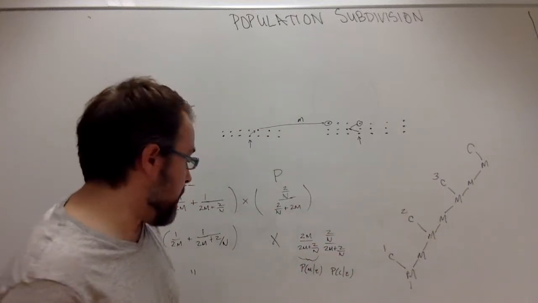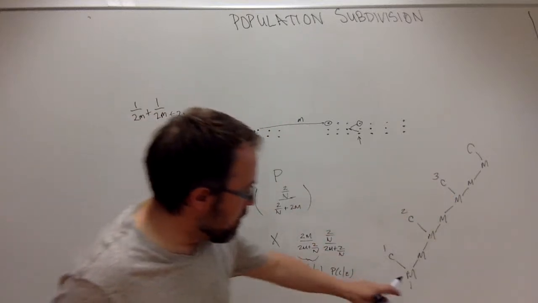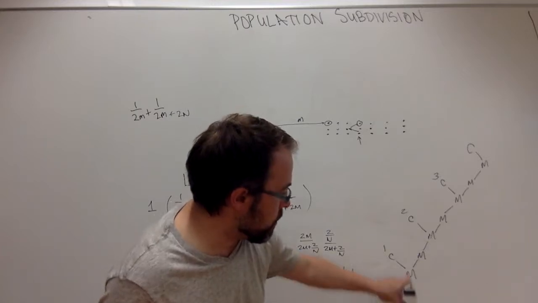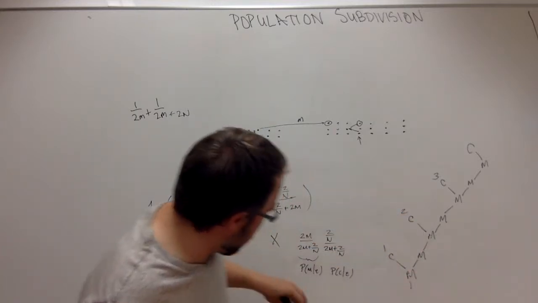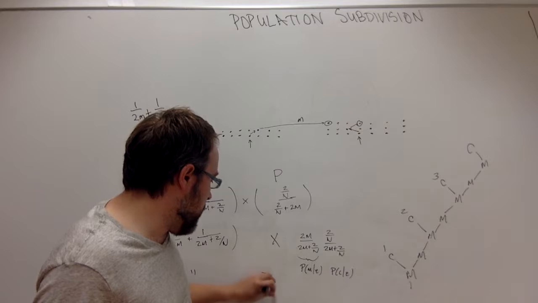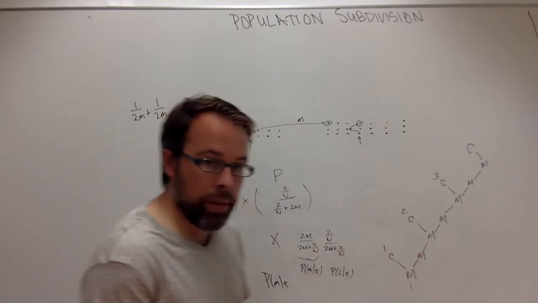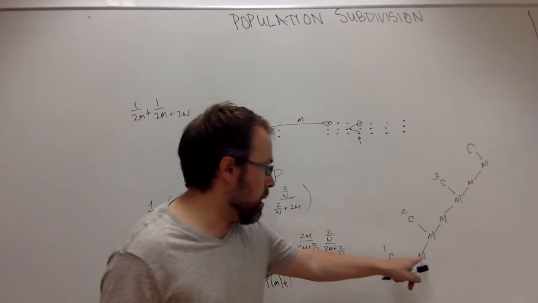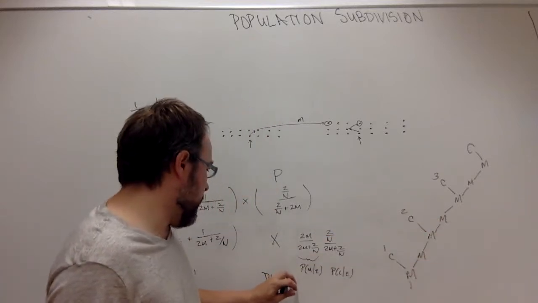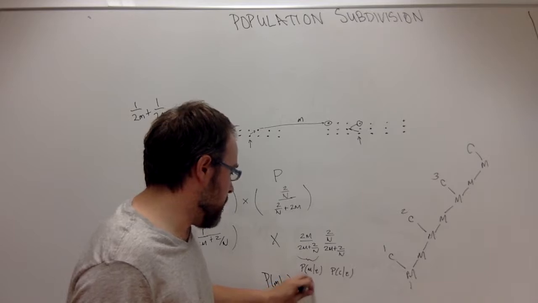What's the probability of this path? Well, now we have the first fork in the road. We have to have the probability that the first one has to be a migration, given that there's an event. And then the second one has to be the probability that there's a migration, given that there's an event.